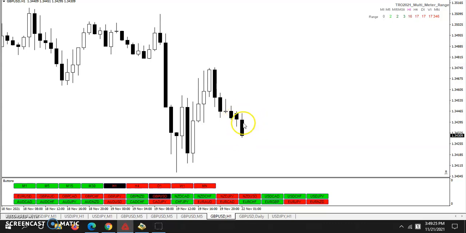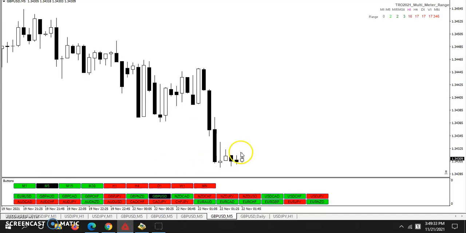You can see the range is bigger and it's down. So that's why we've got the threshold color. On M5, we've got the threshold color. So you can see here the range is bigger and it actually broke out above that range. And since it's still closed above open, it's green.